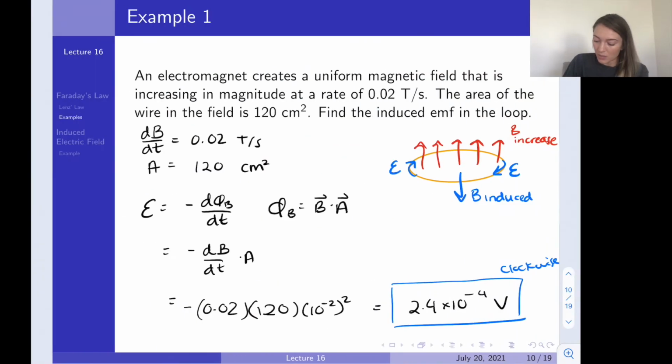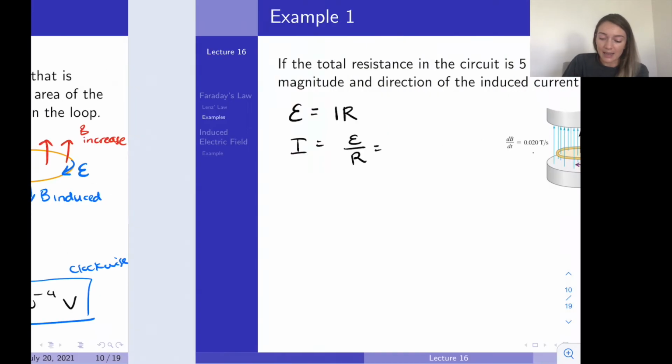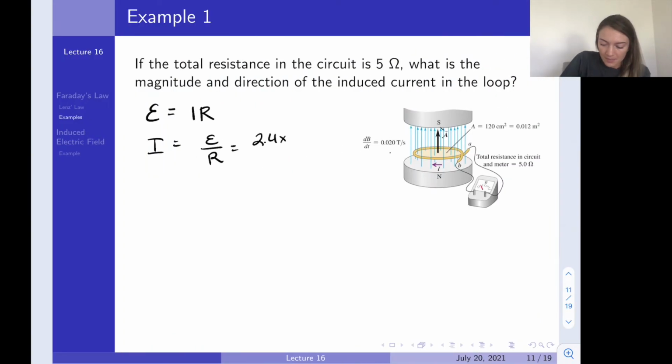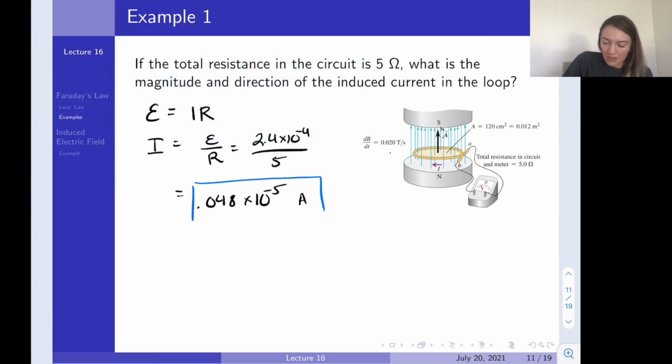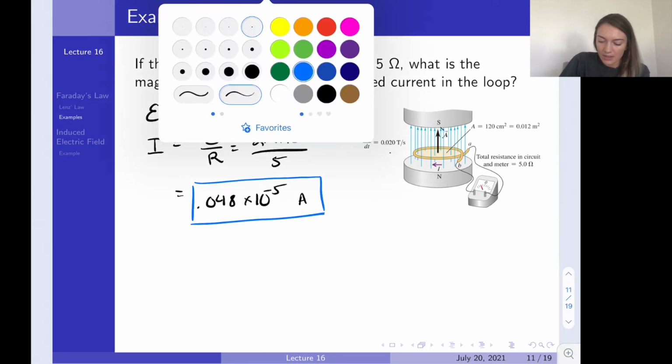The EMF we said was 2.4 times 10 to the negative 4, and the resistance is just 5 ohms. So this comes out to 0.048 times 10 to the negative 5 amps. So this is the magnitude of our induced current.